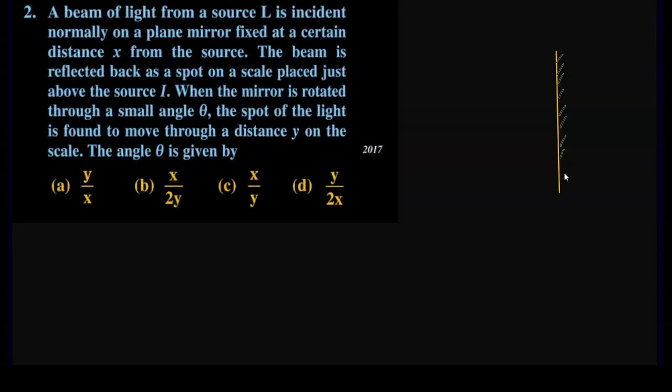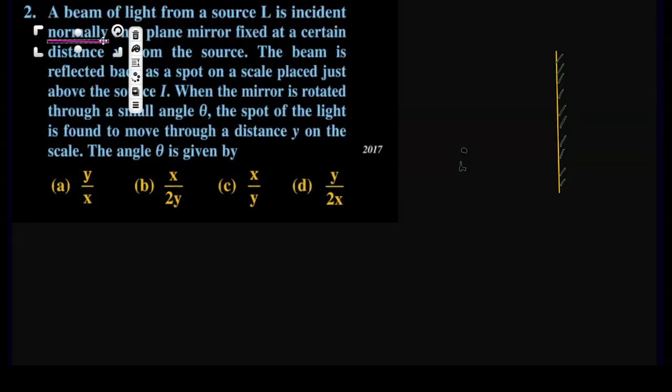And what they're saying here, a beam of light source L is incident normally on a plane mirror. So let us say this is the light source which is incident. How is the light ray incident here? The light ray is incident normally.